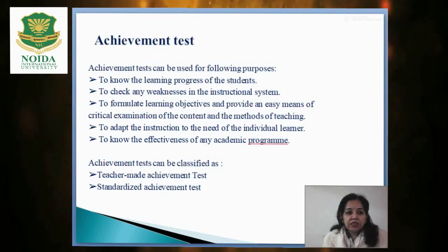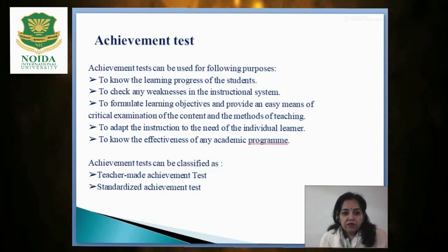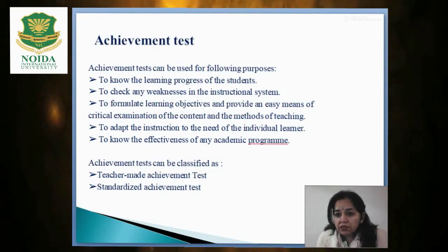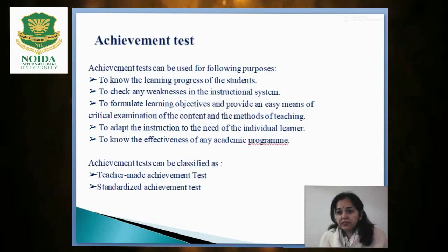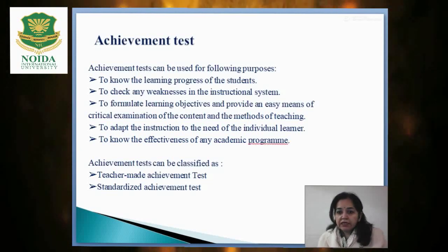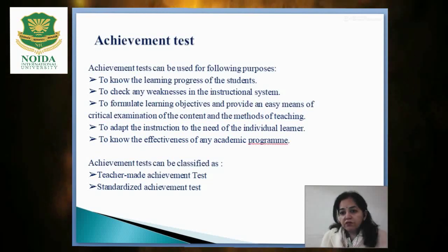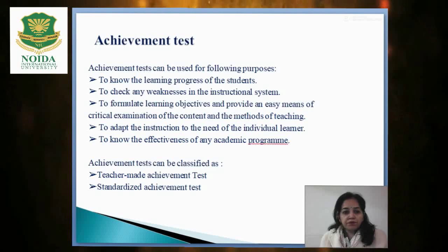Achievement tests can be used for the following purposes. First, to know the learning progress of the students, to check any weaknesses in the instructional system, to formulate learning objectives and provide an easy means of critical examination of the content and methods of teaching, to adapt the instructions to the needs of the individual learner, and to know the effectiveness of any academic program.